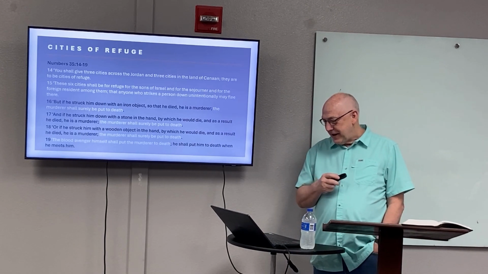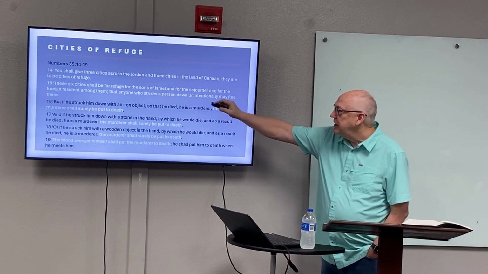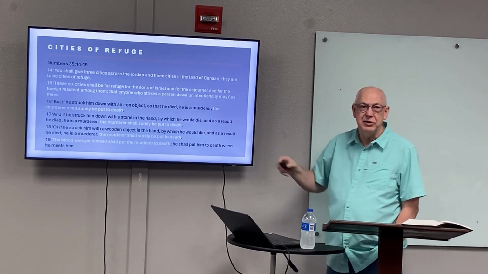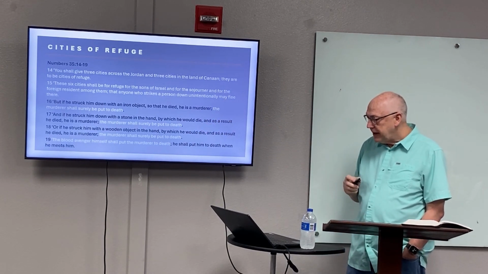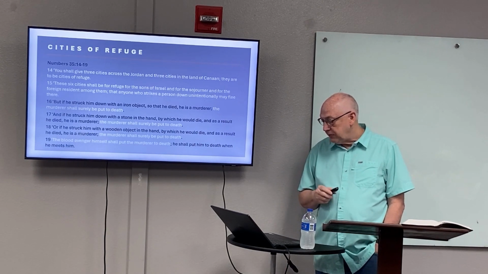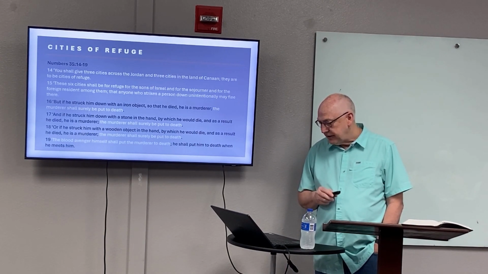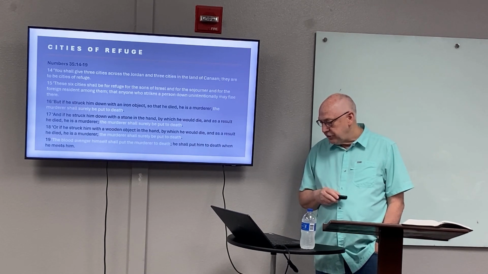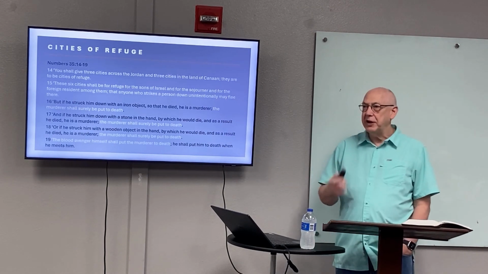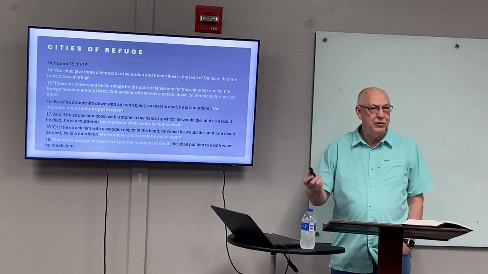All right. "The murderer shall surely be put to death." So what's the difference? There's the unintentional, but then it talks about the murderer separately. We see that repeated several times: the murderer shall surely be put to death. "The blood avenger himself shall put the murderer to death." So what happens to the murderer? He dies. So who's the city of refuge for?